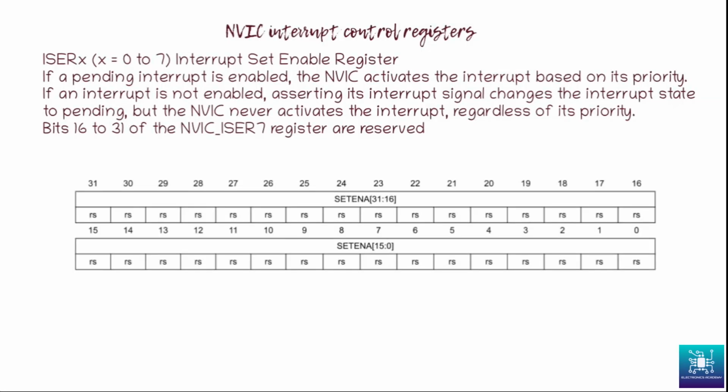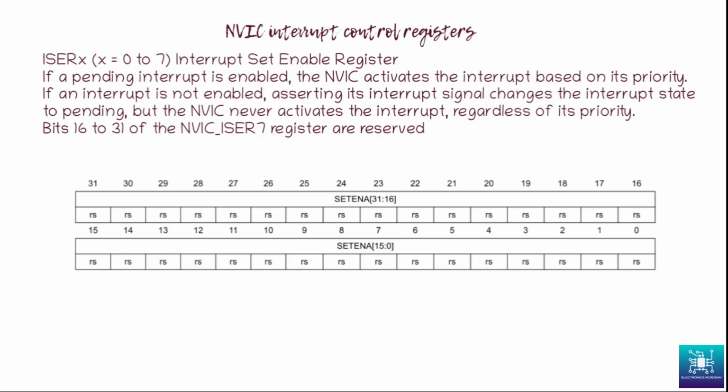The NVIC interrupt control registers are another set of registers which configure and control the interrupts and not the exceptions. We have the ISER, or interrupt set enable register, and there are 8 interrupt set enable registers ranging from number 0 to 7.